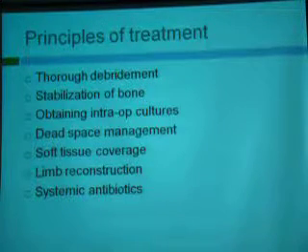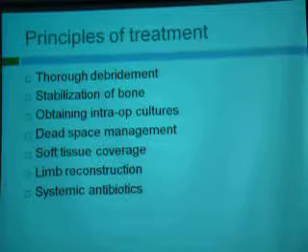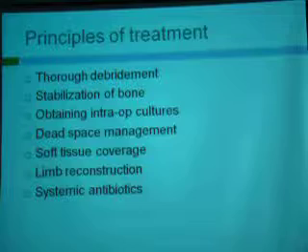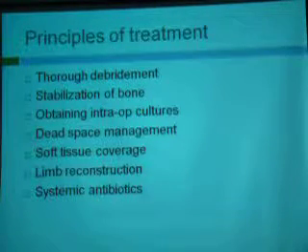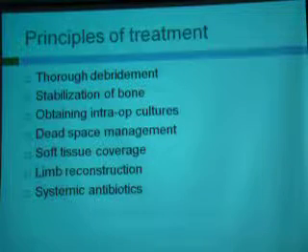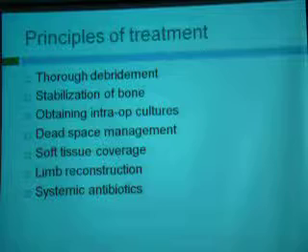Intraoperative cultures are critical to decide the long-term antibiotics that you're going to give. Please do not mention wound cultures. They do not have much role except for giving you commensals and unnecessarily wasting antibiotics and the patient's expenses.